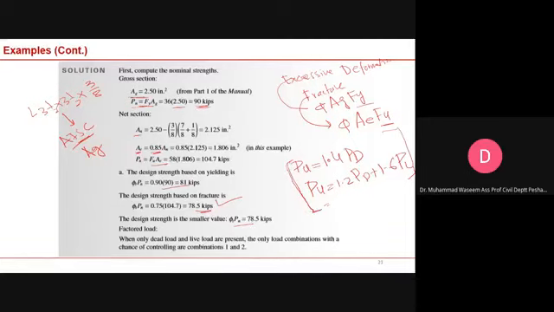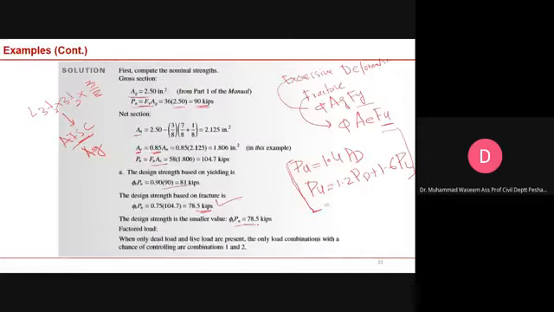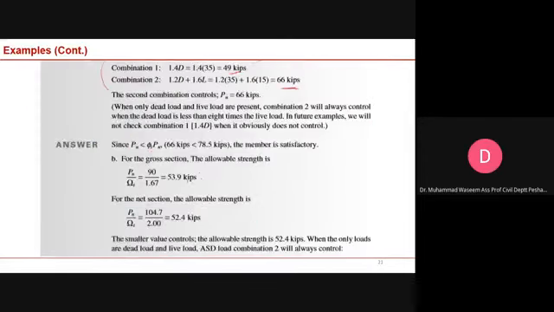So the Pu value, what is the Pu value? We will see the Pu value you can see is 66 kips. This is more than the first combination. Okay, this 66 kips is less than this capacity, so we are fine.